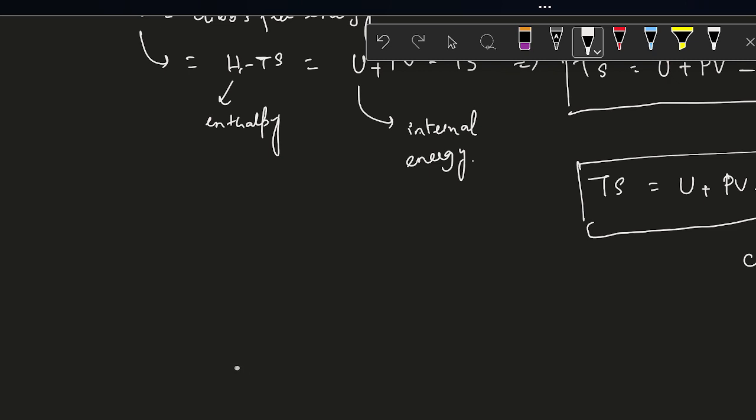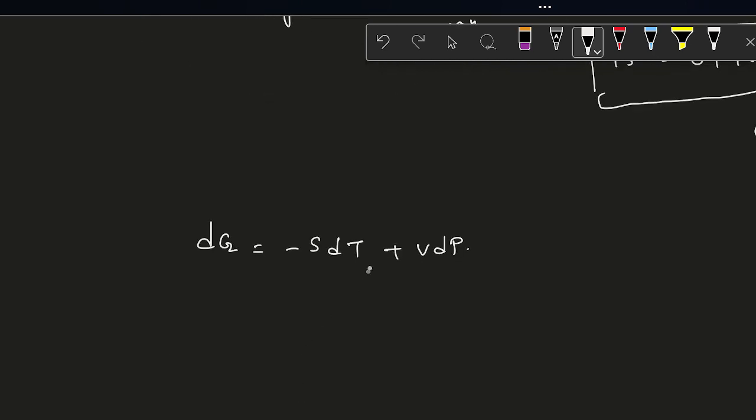But then this thermodynamic relation also tells us that if you take a differential of this, dG, the small change in dG, it is known that there is a standard form: it is equal to minus S dT plus V dP. Now let's say you represent small g as capital G divided by N, the Gibbs free energy per molecule.